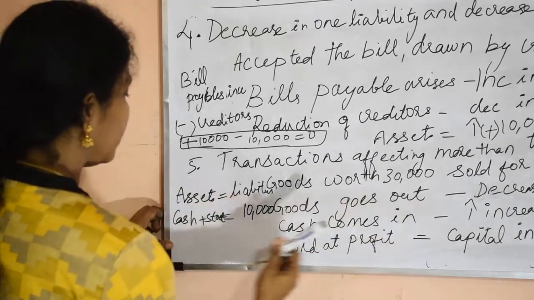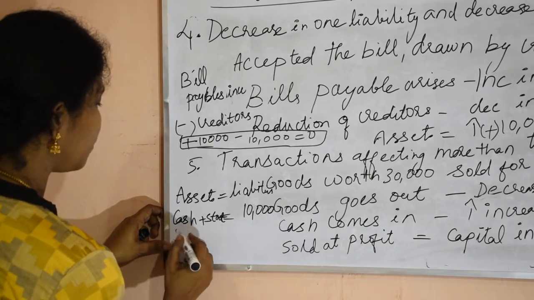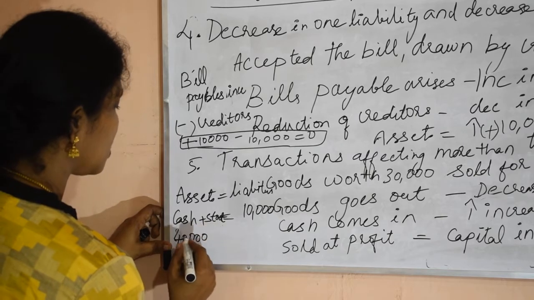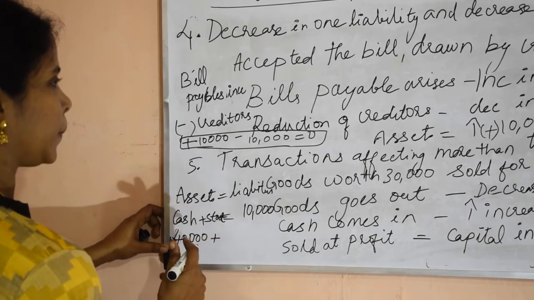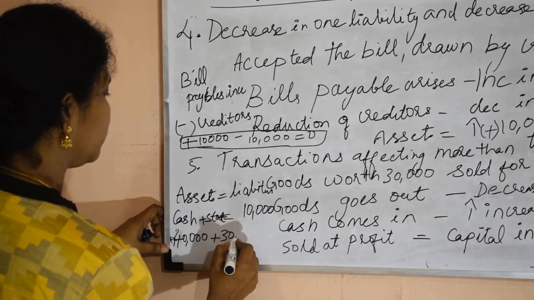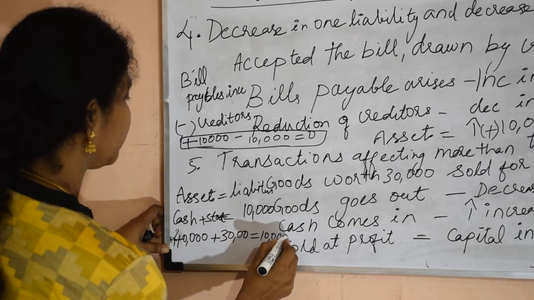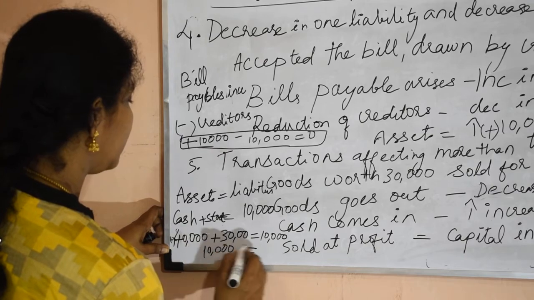Cash comes in, so 40,000 cash, minus 40,000 plus 30,000. So the answer will be 10,000. So here 10,000, here 10,000.